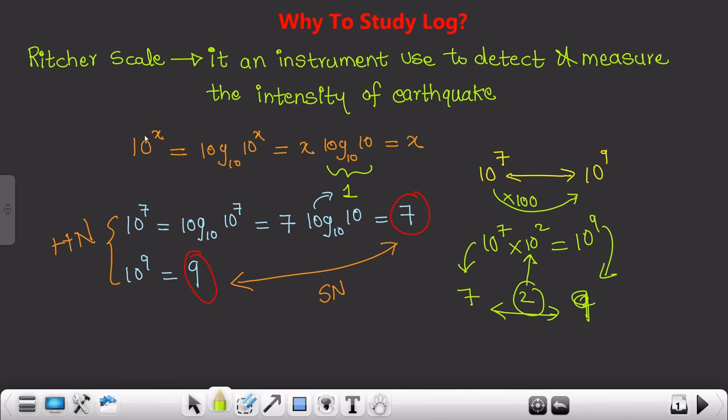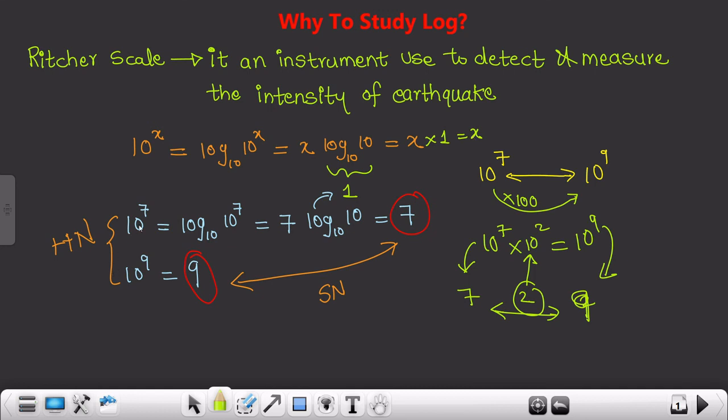If you have a number raised to x, let's suppose 10 raised to x, so log of 10 raised to x to the base 10, this x comes over here, and this particular thing remains as it is, and log 10 to the base 10, the value of this particular thing is 1, and then this x remains as it is, that means we are multiplying it with 1, so that means x only.